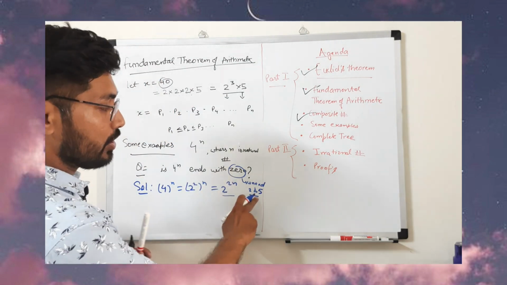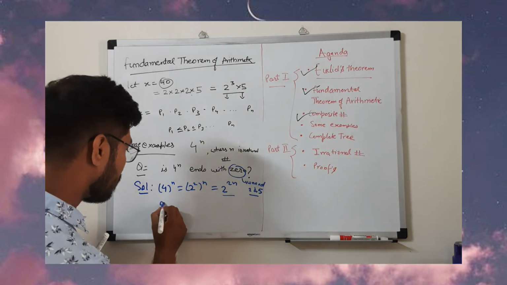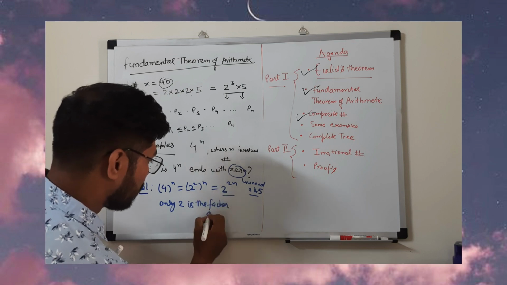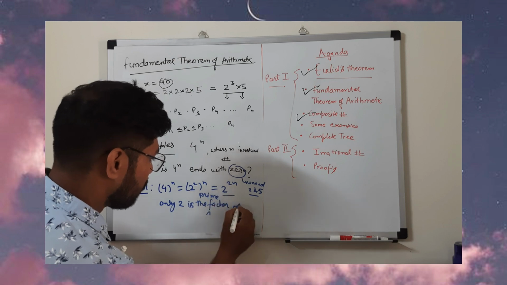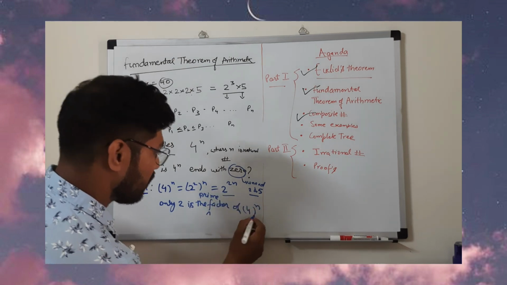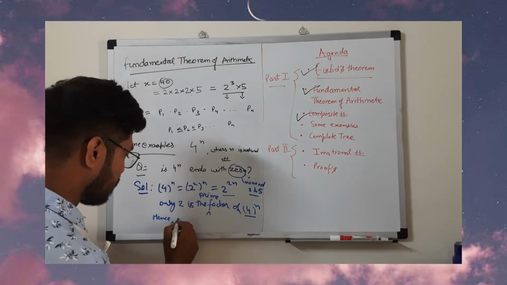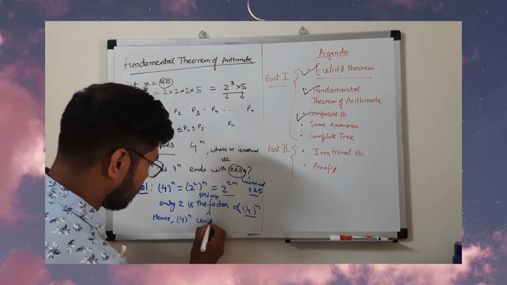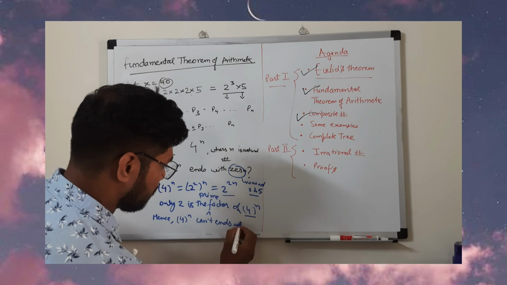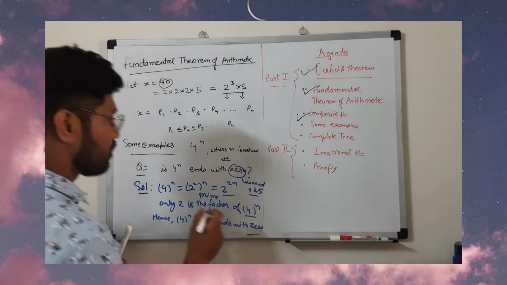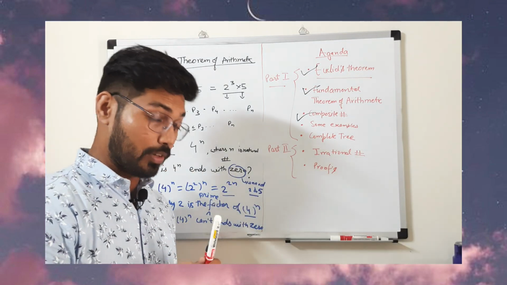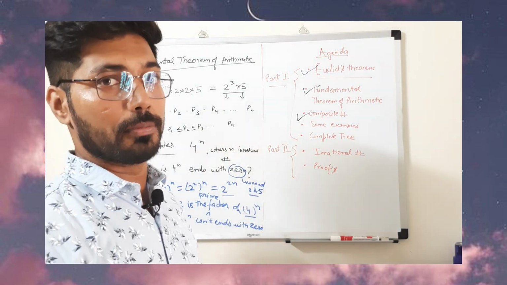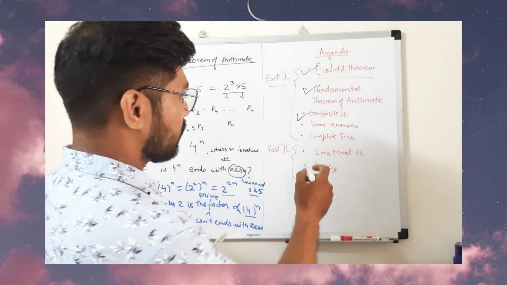You can see only 2 is the prime factor of 4 की power n. Hence, 5 is not here, so 4 की power n can't end with 0. This is how we use the fundamental theorem of arithmetic to prove that 4 की power n never ends with 0, because 5 is not a prime factor of 4 की power n. So this we complete.